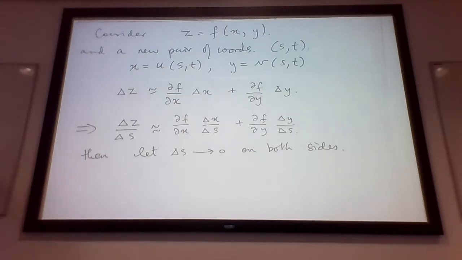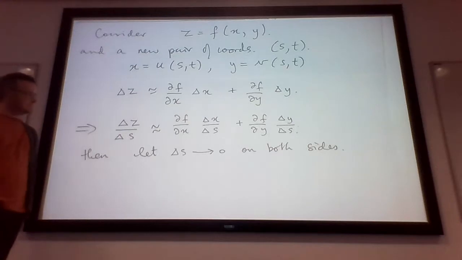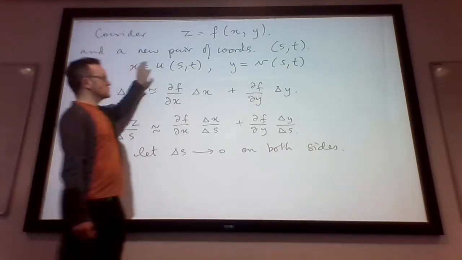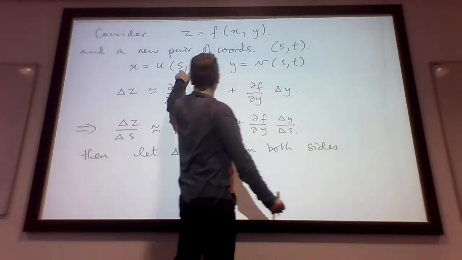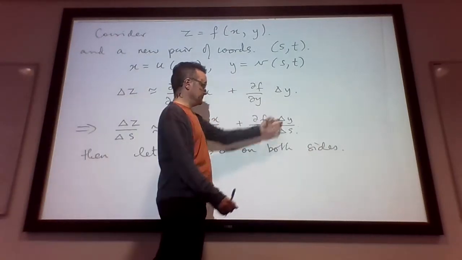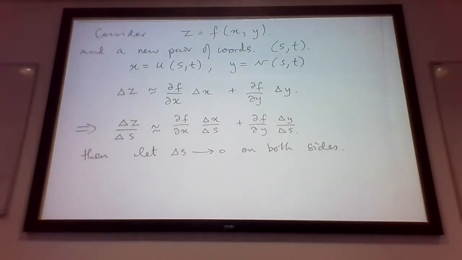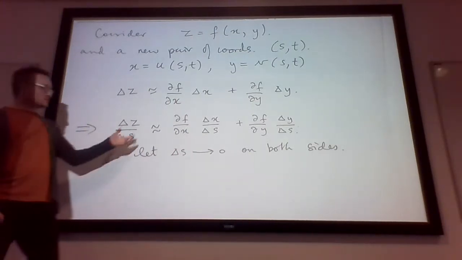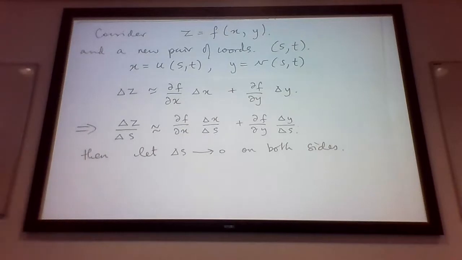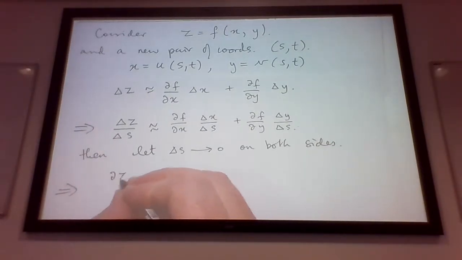But delta s is the quantity s changing, and because x and y both depend on s, when s changes you get associated changes, delta x and delta y, in the variables x and y. As we let the change in s converge to 0, the left-hand side becomes the partial derivative of z with respect to s.